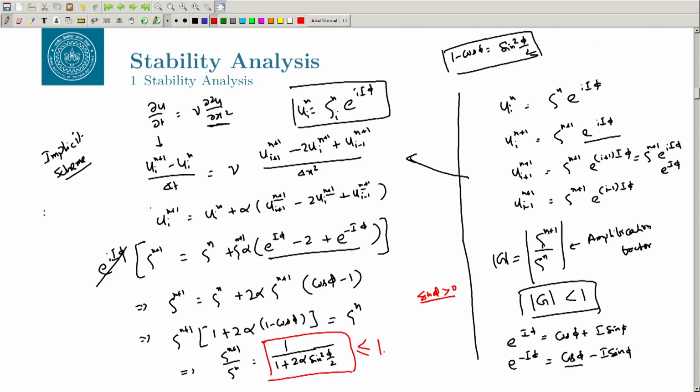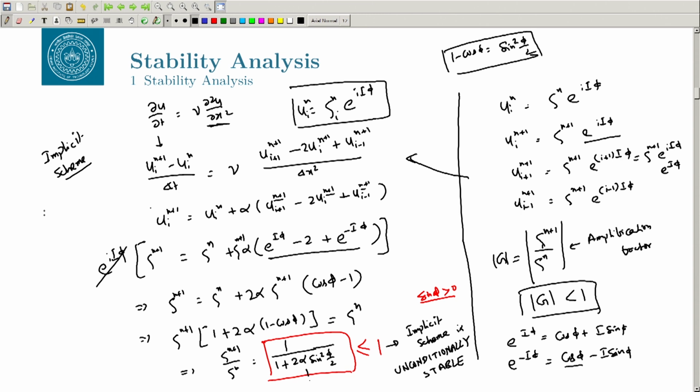So, that means what do we understand from this, that this discretization scheme, the implicit scheme, for the diffusion equation in this case is unconditionally stable, right. There is no condition here, okay. For any value of alpha you will have this thing stable, okay.